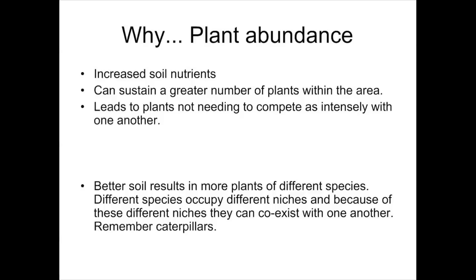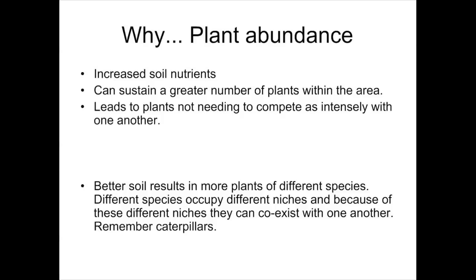This also leads to plants not needing to compete as intensely with one another for those nutrients. Also, better soil results in more plants of different species. We'll go over that very shortly.